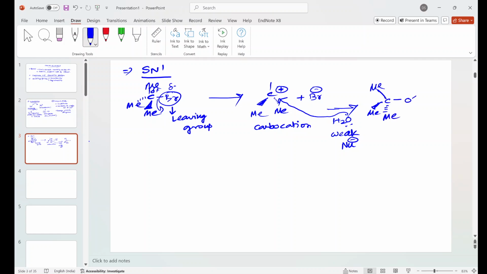Then O, H, OH2, and this will be positive, right? So you cannot have this one stabilized, so it has to go through something. So another H2O will come and act as a base. Then it will balance this charge, so that you will have your final product.